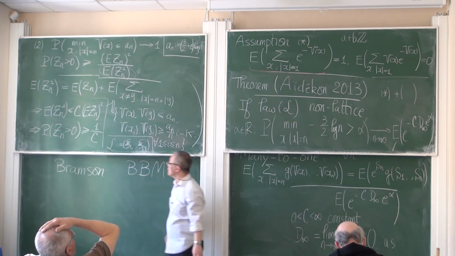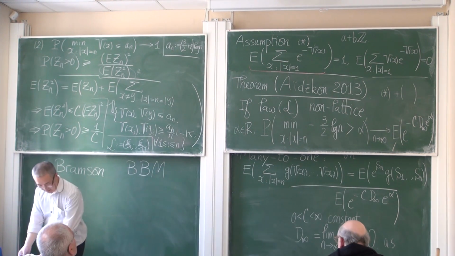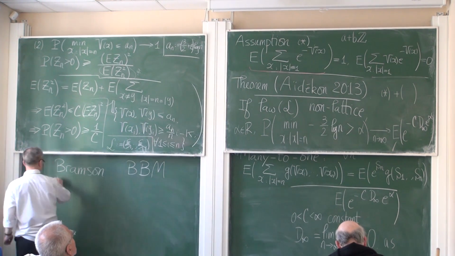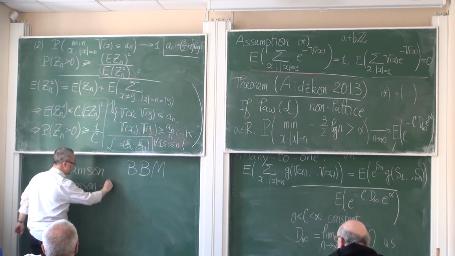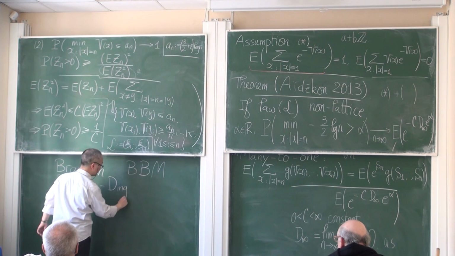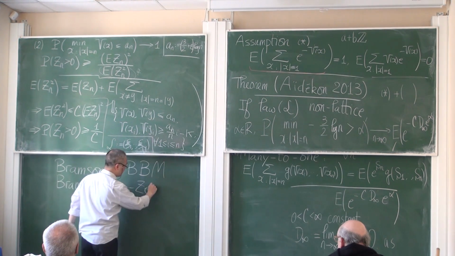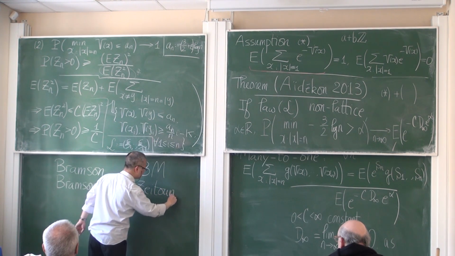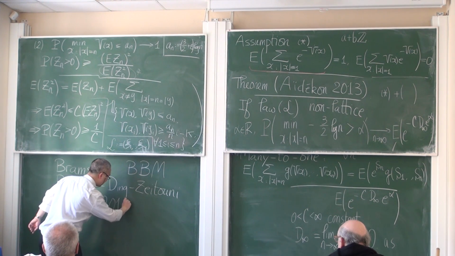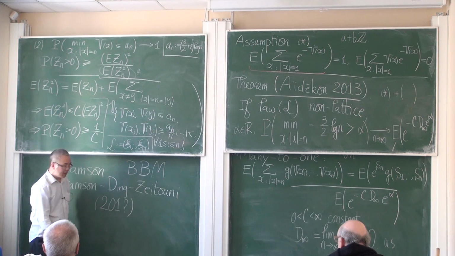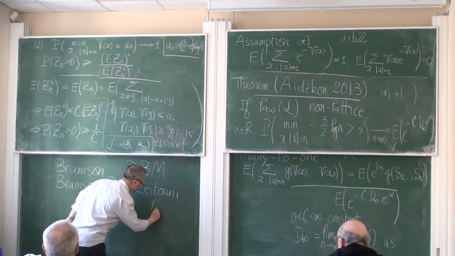So there is some work by, I think, Dean, a very young mathematician, and Zeitouni. I'm not sure whether the paper is already published. They deal with this lattice case.